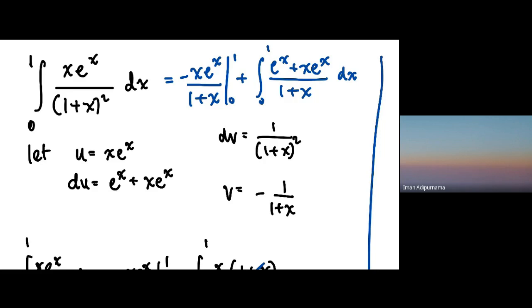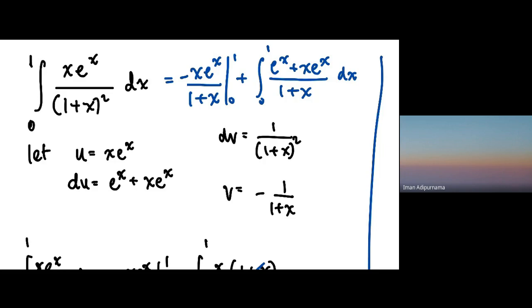I think it is better to have this as its own element, 1 over 1 plus x squared, and the other one is x e to the power of x, because we can put e in terms of derivatives or integrations. We may need some trials here, and I think the best case is using u as x e to the power of x, and dv as 1 over 1 plus x squared.